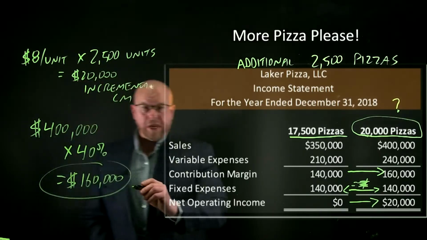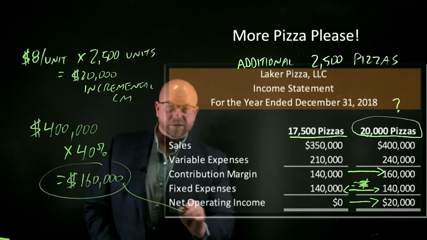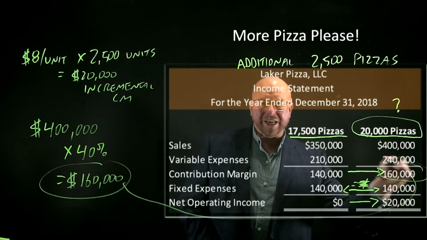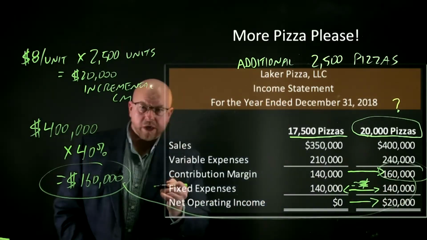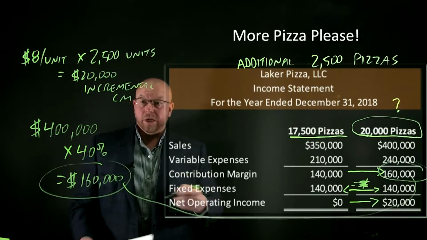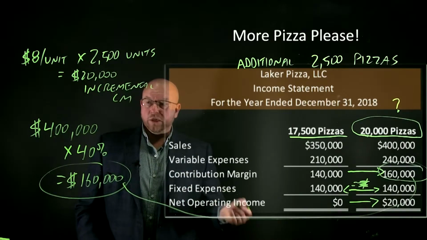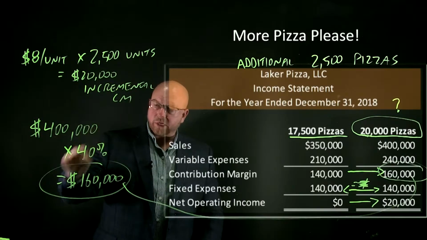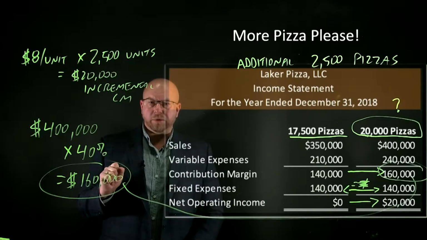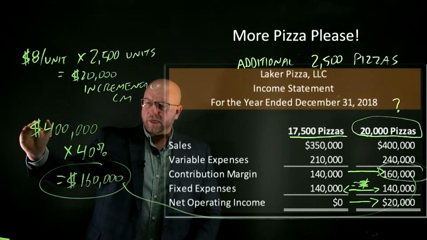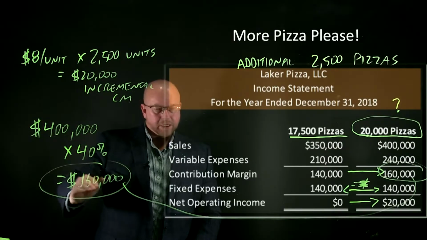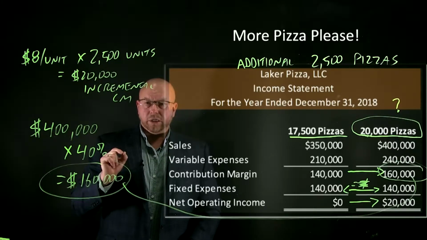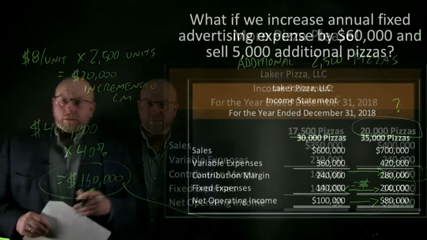If you don't have all of that per unit information available, we can still generate an estimate of total contribution margin at that particular sales activity level using the contribution margin ratio. For every dollar, we expect to generate 40 cents of contribution. $400,000 times 40 cents per dollar gives us $160,000 of contribution margin to go toward covering those fixed expenses.